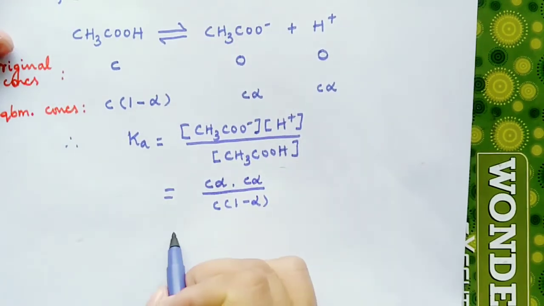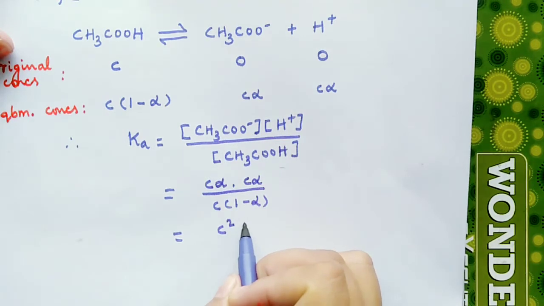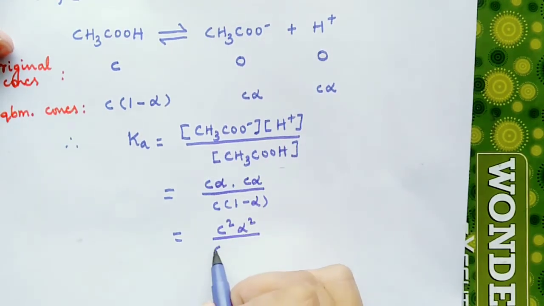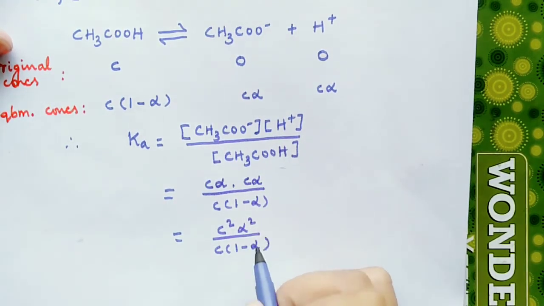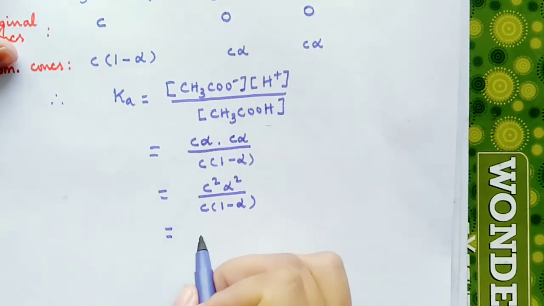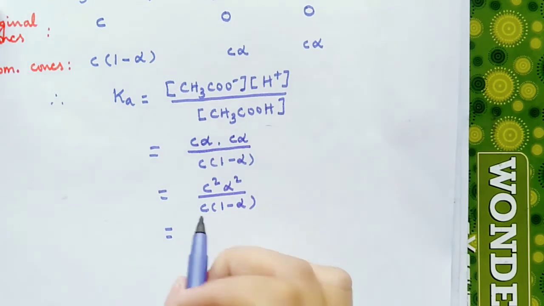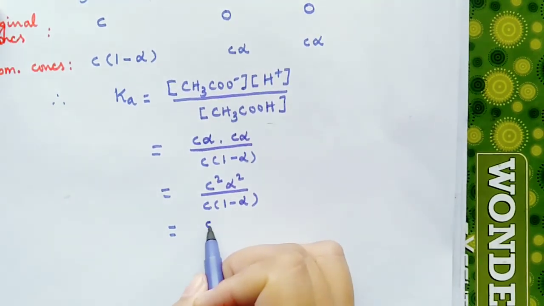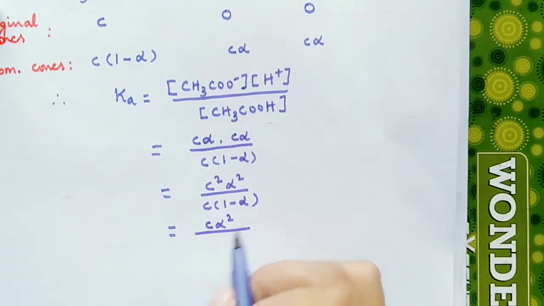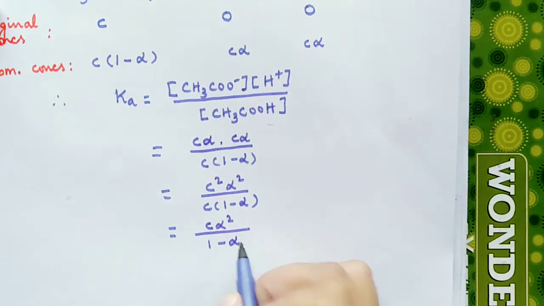So here we get C squared alpha squared by C(1 - alpha), where alpha is the degree of dissociation of the weak acid. So here we have C alpha squared by (1 - alpha).